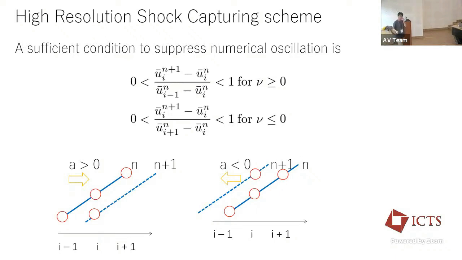The meaning of these equations is that u^{n+1}_i minus u^n_i lies within the difference between u_{i-1} and u^n_i, which means that this amplitude here should not be larger than these values.